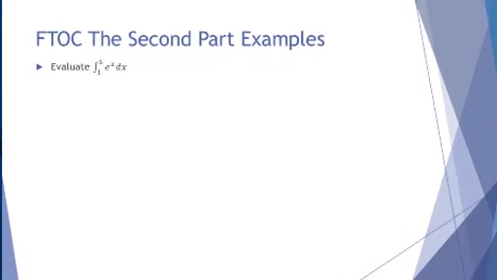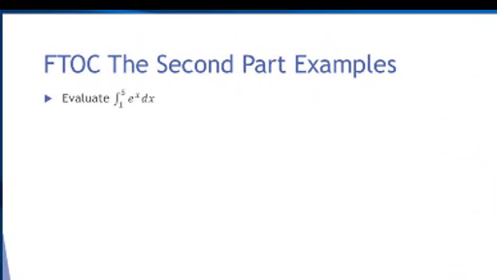So let's look at the integral from 1 to 5 of e to the x dx. We, in theory, could try to do this using the limit definition, but let's use FTOC Part 2 instead. So remember what it says. What I need to do is identify an antiderivative of e to the x. Well, the good news is this is one of the easiest ones there is. An antiderivative for e to the x is e to the x, because e to the x is the only non-zero function that is its own derivative.